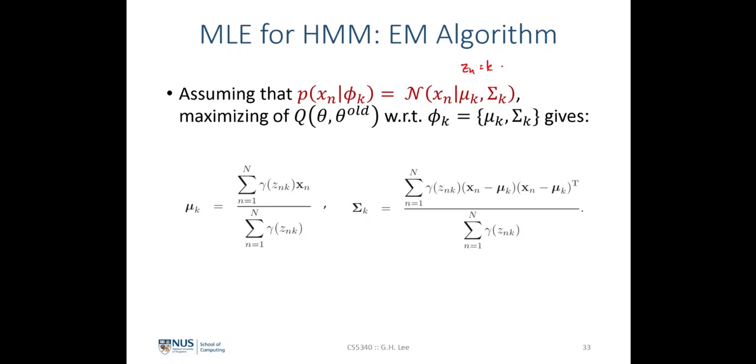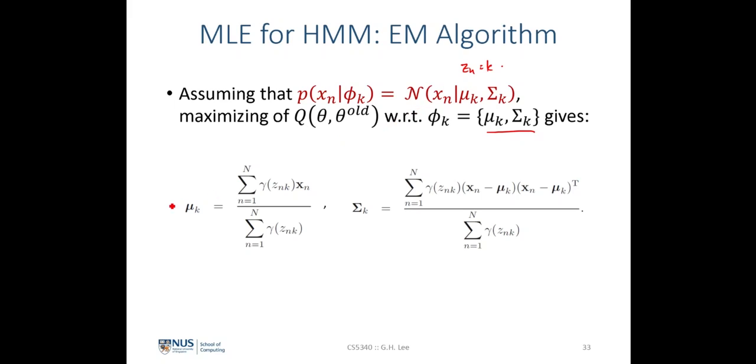Hence, we are looking at the k-th set of unknown parameters mu k and sigma k in phi k, and we'll maximize this Q function with respect to this unknown parameter phi k, which is parameterized by mu k and sigma k, since we assume that x is following a continuous normal distribution.